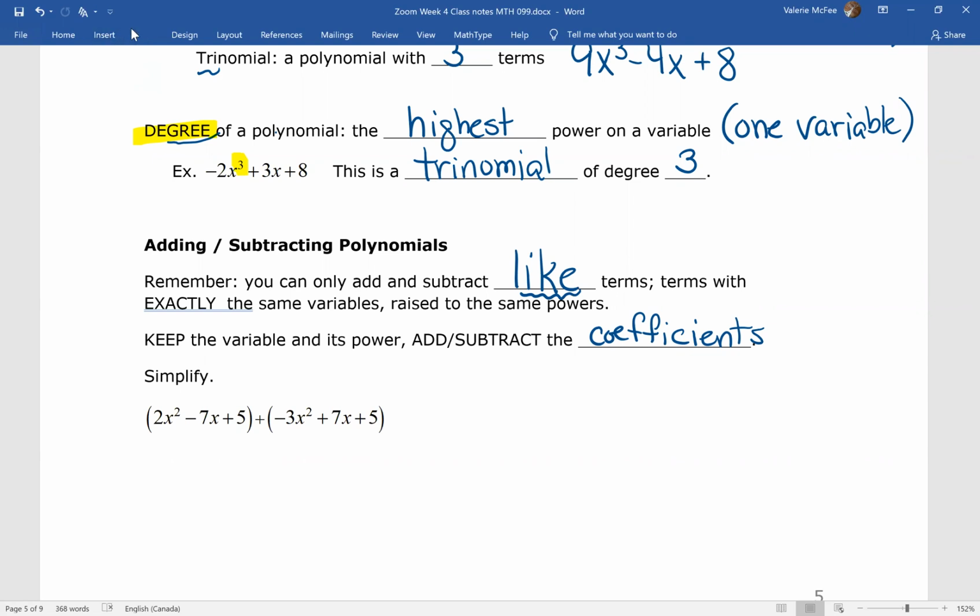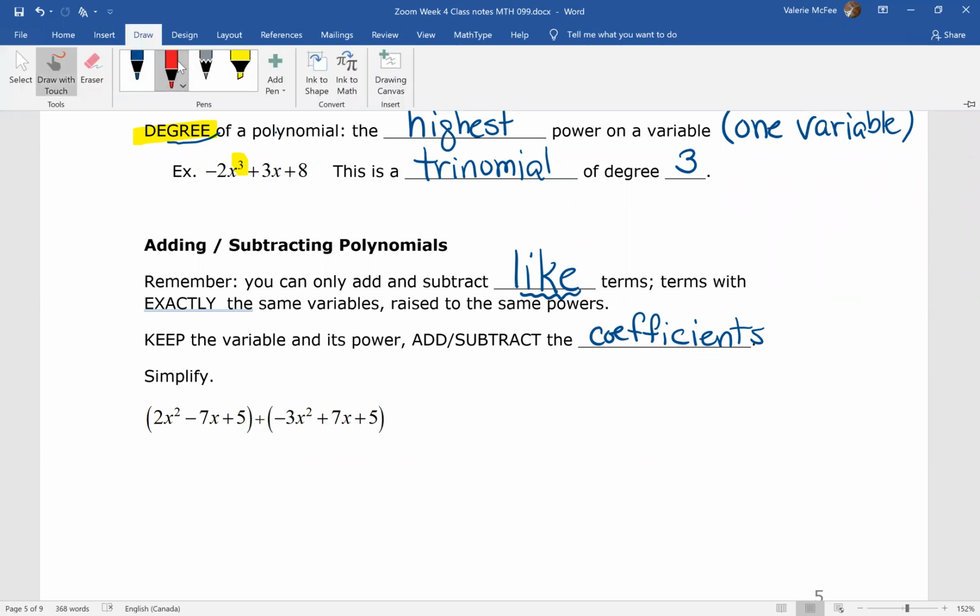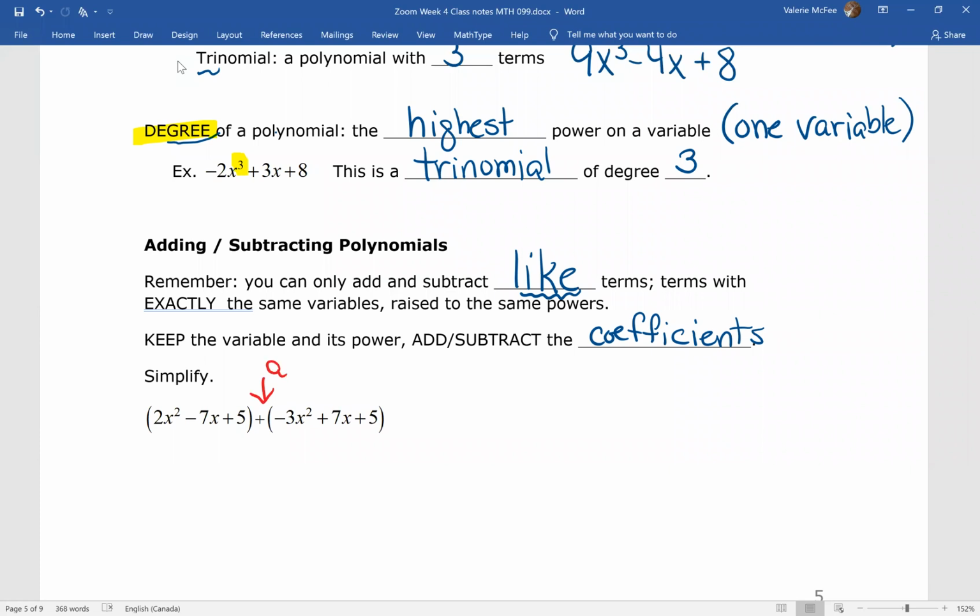When we are adding, we can simply open the brackets.